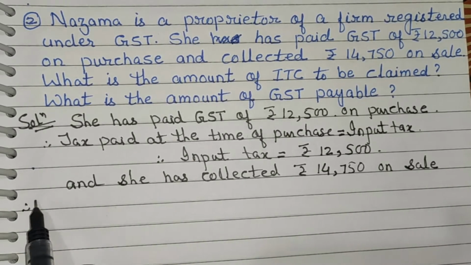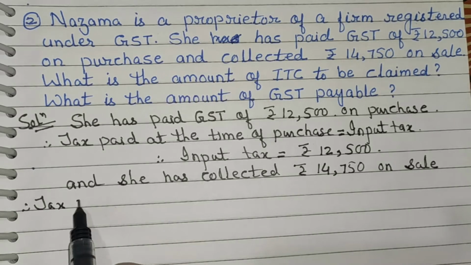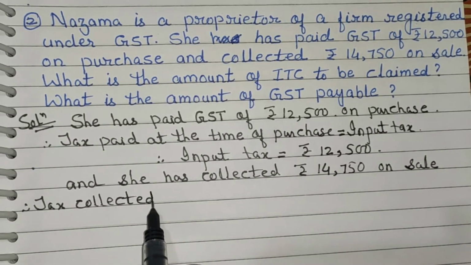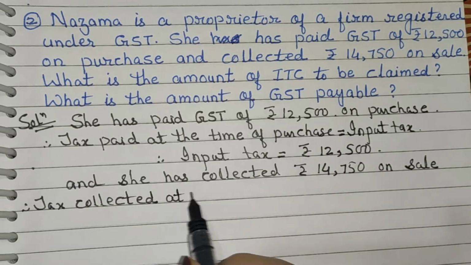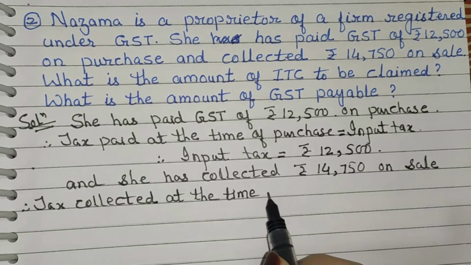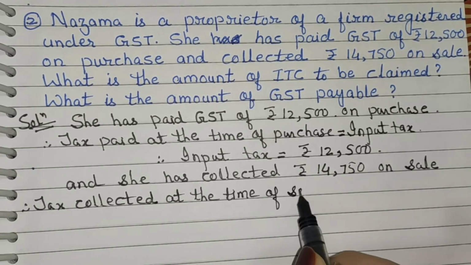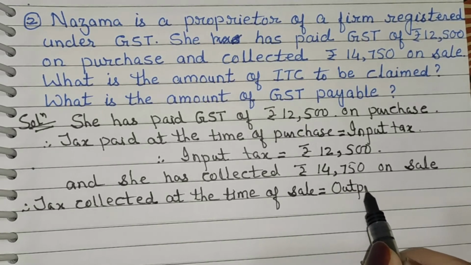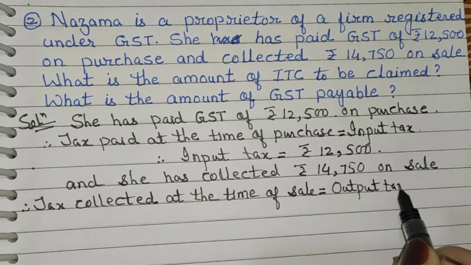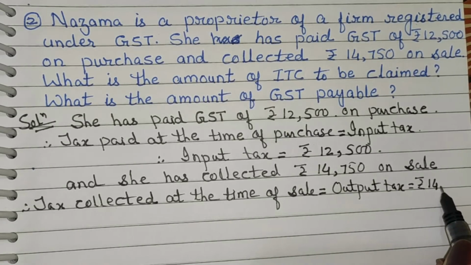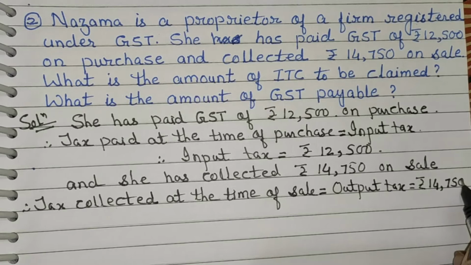Therefore, write down here, tax collected at the time of sale, which is known as output tax, which is equal to rupees 14,750.